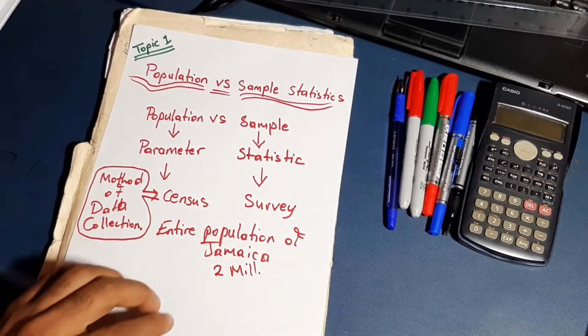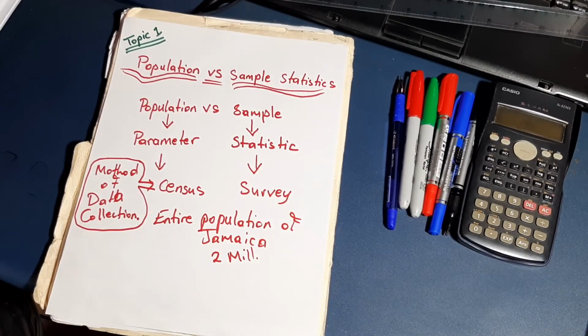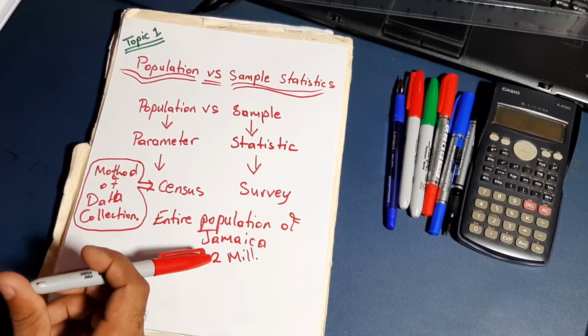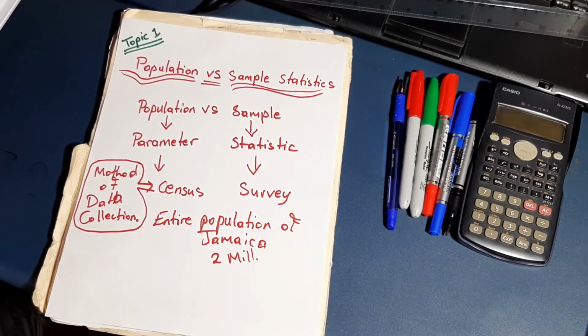If we're going to conduct a study on these 2 million people, we would consider them to be the population. Now, let's say a company is going to conduct this research, and they don't have enough infrastructure to cover everybody in the population of Jamaica.